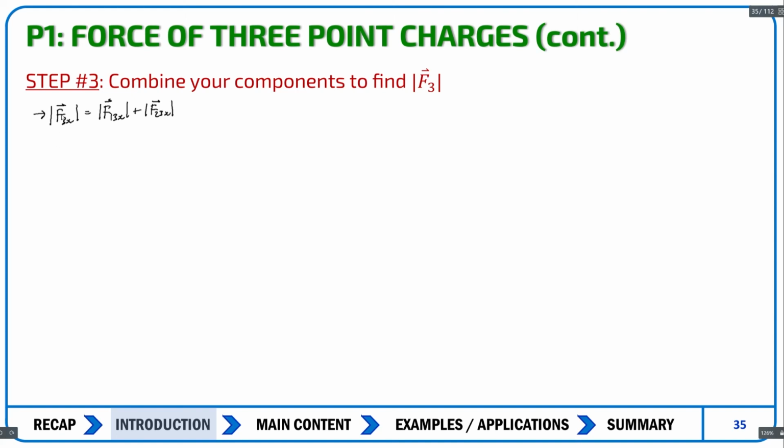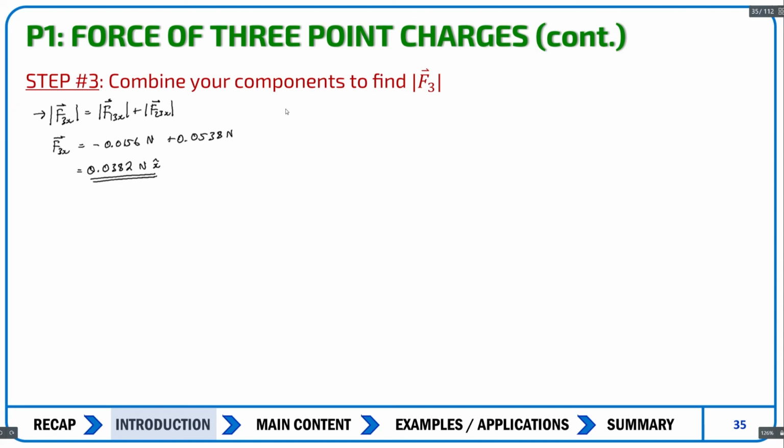And that is going to give us F3x with some sort of direction. We have negative 0.0156 newtons plus 0.0538 newtons. And so that is equal to 0.0382 newtons in the x-hat direction.